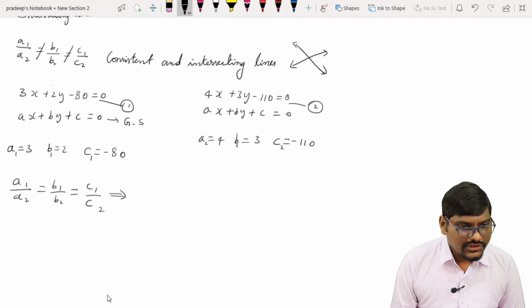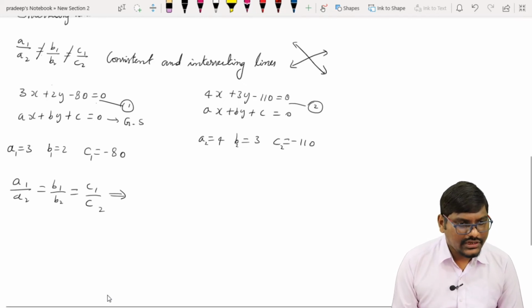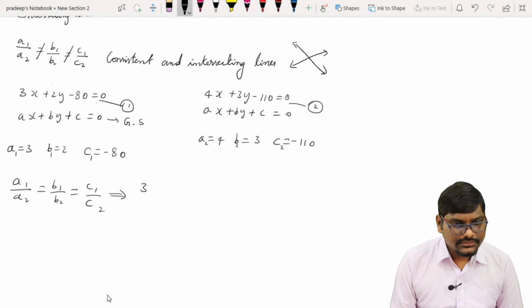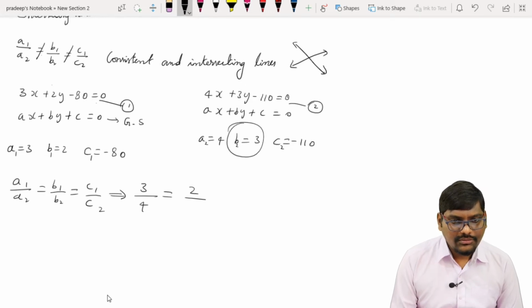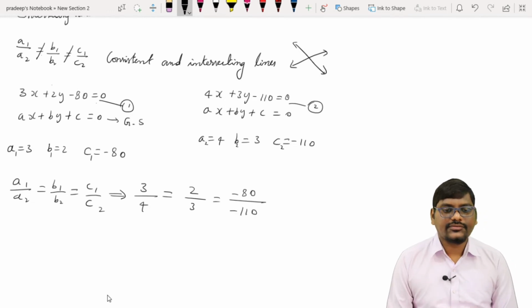I'll write what a1 is: a1 we have 3 here. What is a2? 4. What is b1? 2. b2 is 3. What is c1? c1 is minus 80. What is c2? It is minus 110.